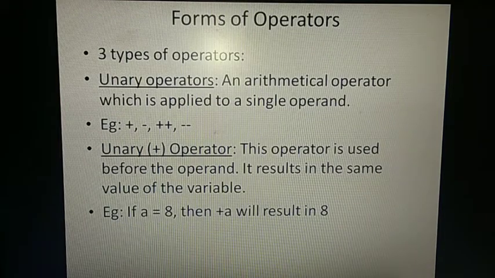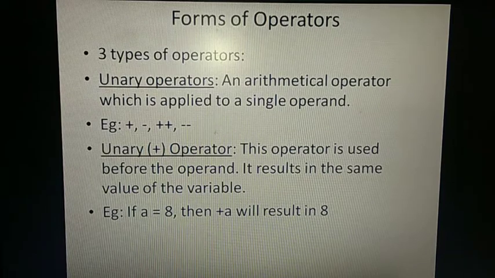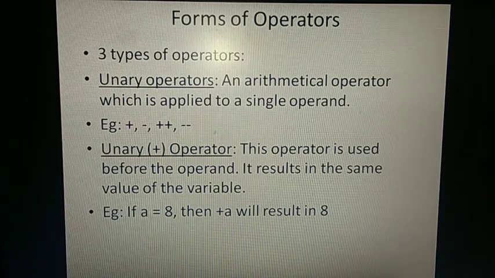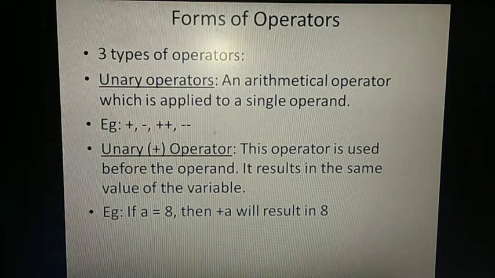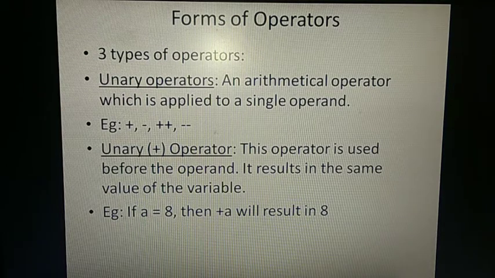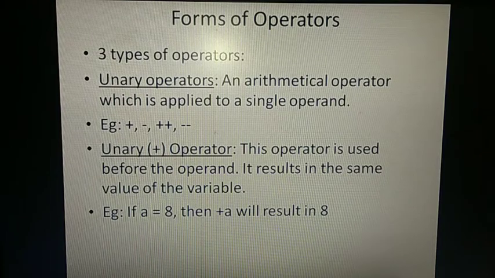A unary operator is an arithmetical operator which is applied to a single operand. Examples are plus or minus, or increment and decrement, plus plus or minus minus.